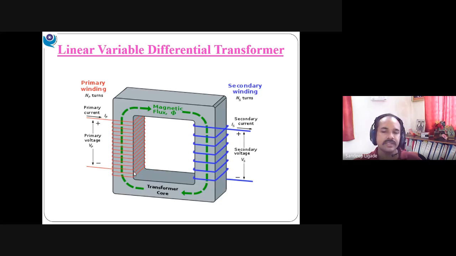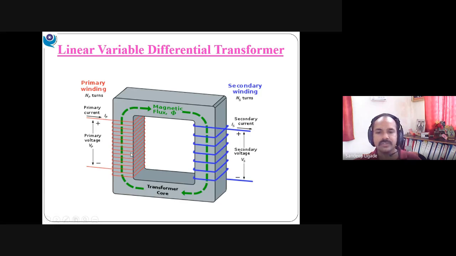And in the case of a motor, whatever EMF is induced is a dynamically induced EMF, because in a motor there is a rotor and stator. On the rotor there is a winding, and the rotor is a rotating part. So on that rotor there is a winding, meaning the coil is rotating. So whatever EMF is developed over there is a dynamically induced EMF, because the coil is moving, the coil is rotating. Here the coil is stationary.